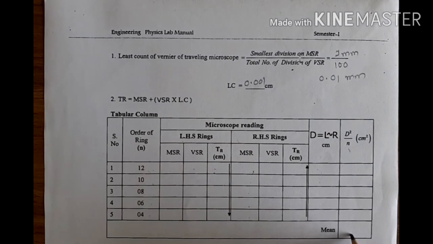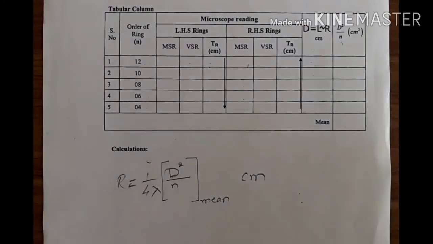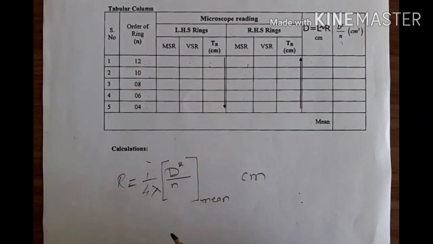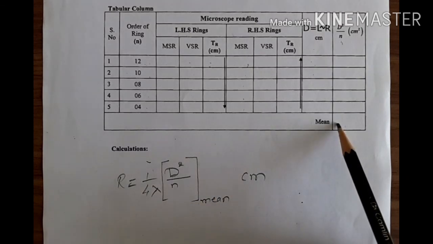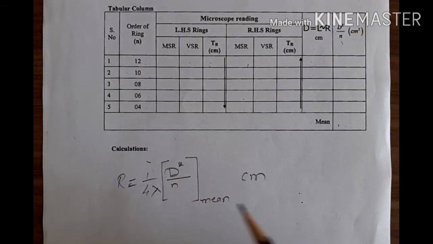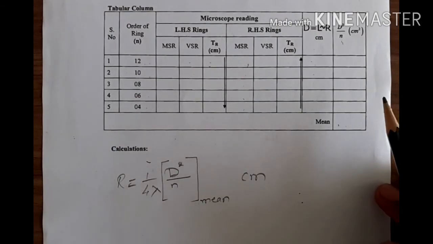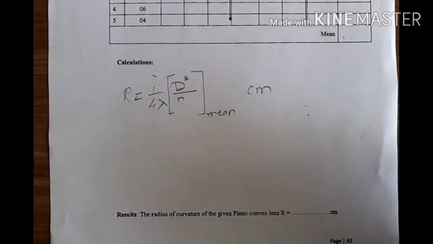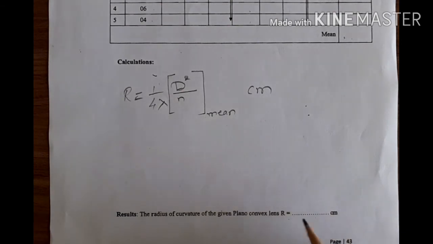So we will get the mean value over here. By using the radius formula, that is 1 divided by 4 pi into bracket D square divided by N, this is the mean D square which we have calculated over here, we can calculate the radius of the plano-convex lens, and finally the result has to be written here.